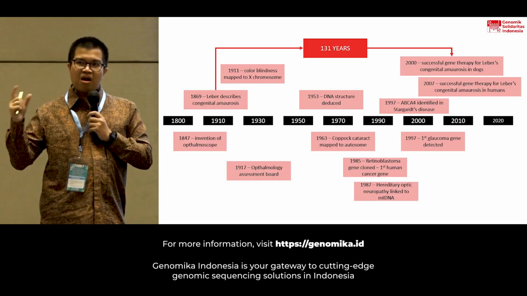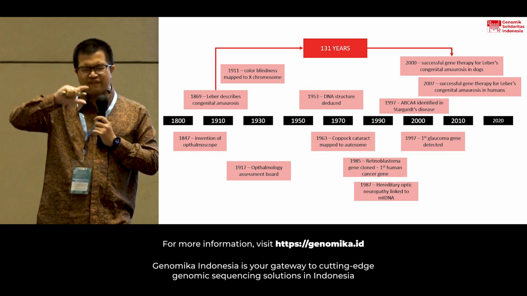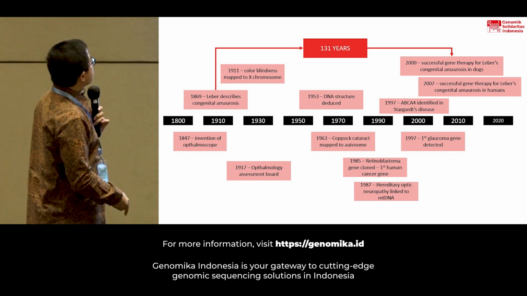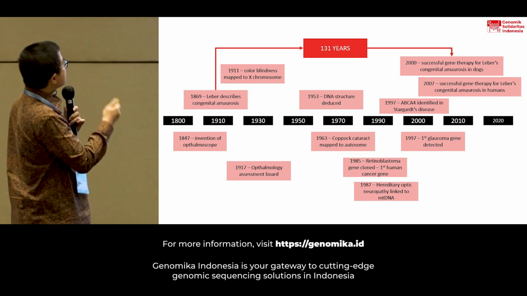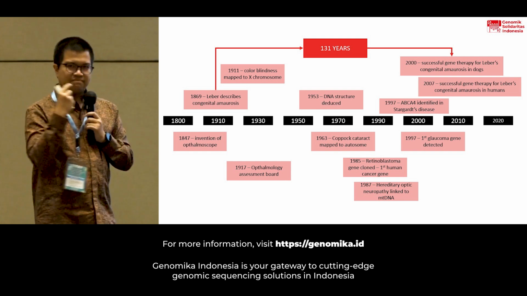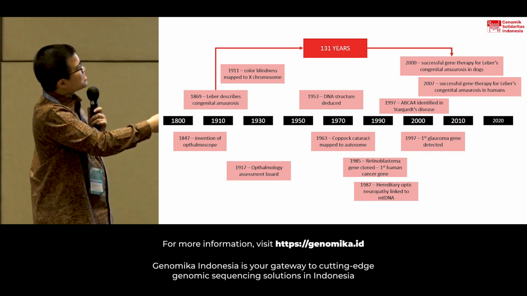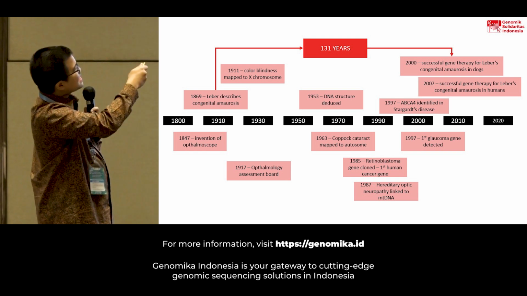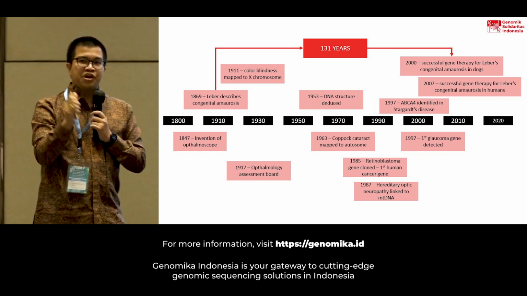And from an ophthalmological insight, we saw that this is, again, part of a very long journey of detection. For example, from 1869, the first description of congenital amaurosis, which is, unfortunately, blindness. After 131 years, through the development of all these things, there's a successful gene therapy for Leber's congenital amaurosis in dogs.